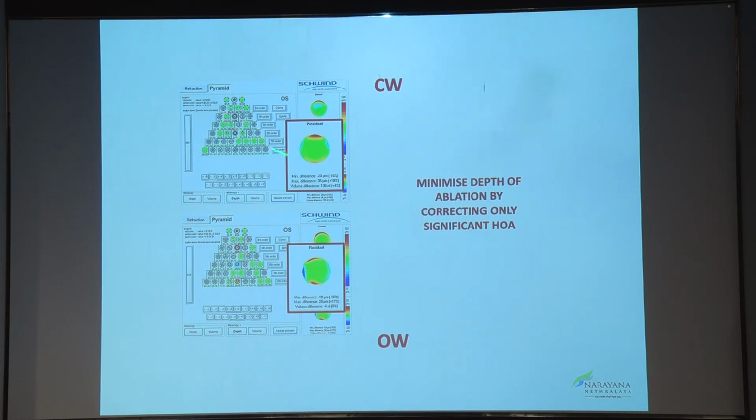At the end of it, you'll save around 15-20 microns of tissue, which is precious gold when you're operating on keratoconic eyes. So you end up saving, which you cannot do in any other machine at this point of time. Technically you can, but the machine is rigid in that software.